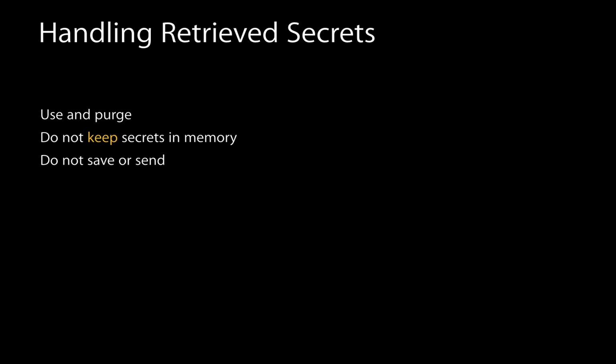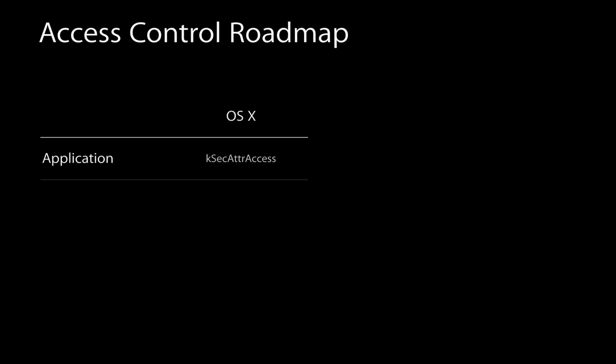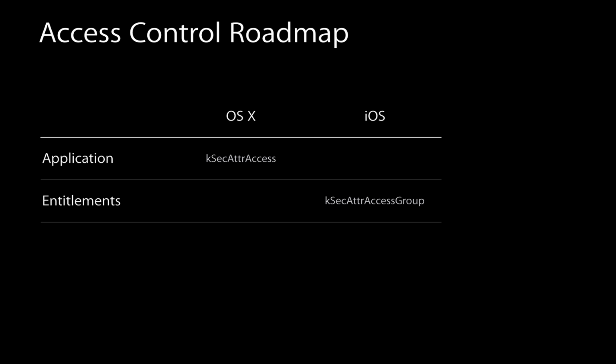Now that I've done the quick recap of the keychain, I'd like to talk a little bit about our access control story. When the keychain was first introduced on OS X, we first introduced it with kSecAttrAccess, which was a form of access control based on the application itself. Now, with iOS, we introduced kSecAttrAccessGroup. This was a form of access control based off of code signing and entitlements.